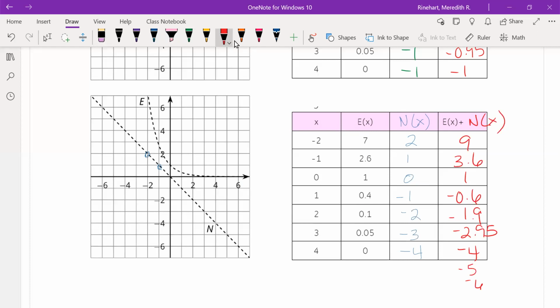Negative 1, 3.6, 0, 1, 1, negative 0.6, 2, negative 1.9, 3, negative 2.95, and then negative 4, negative 5, negative 6 after that. So there is our new graph.